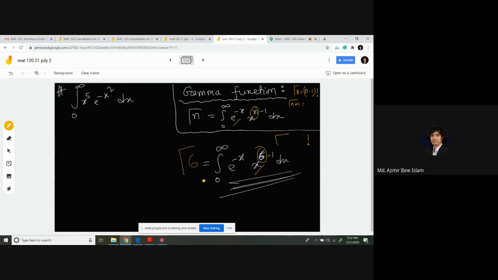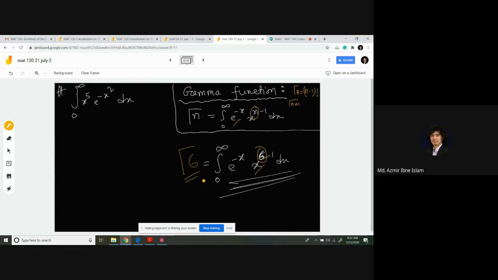So gamma 6 means 5 factorial, which is 5, 4, 3, 2, 1. That is your answer. That is the advantage of using the gamma function: if we directly have the integral from 0 to infinity of e to the power negative x, x to the power n minus 1 dx, then we can use the gamma function.